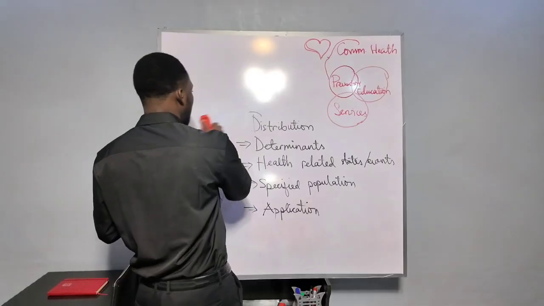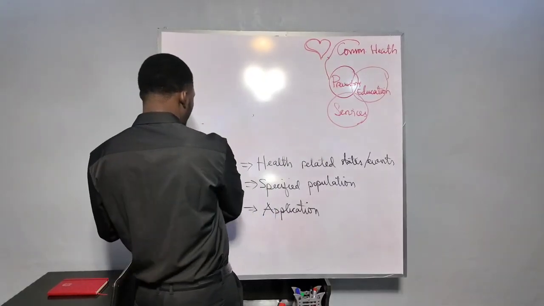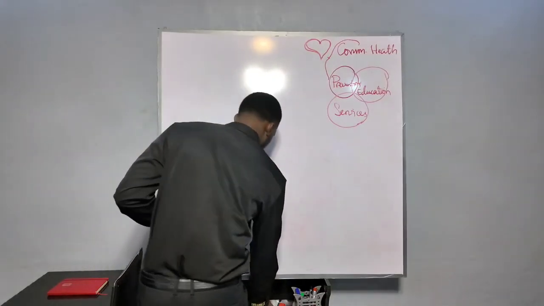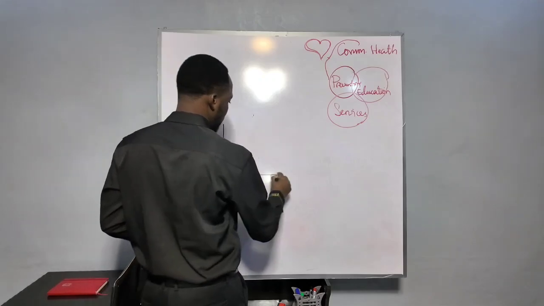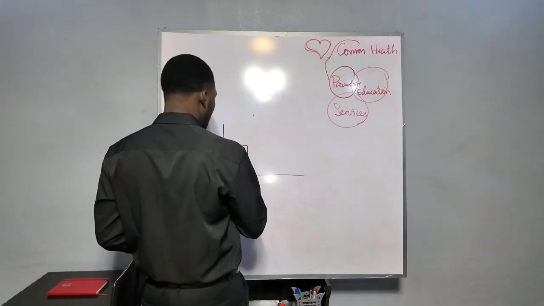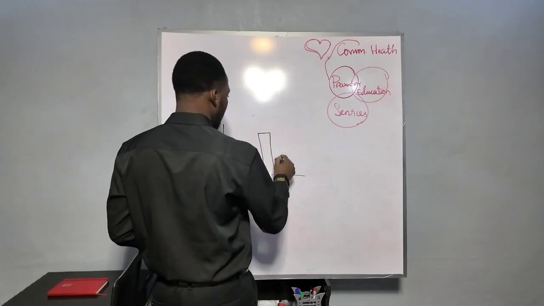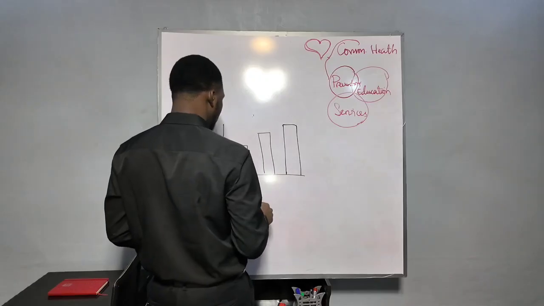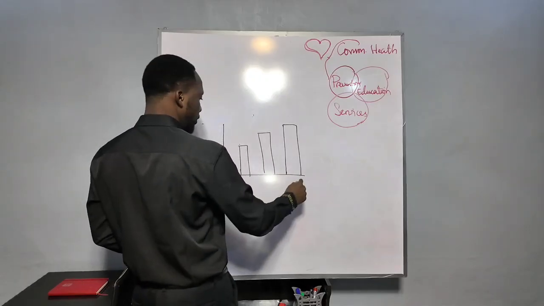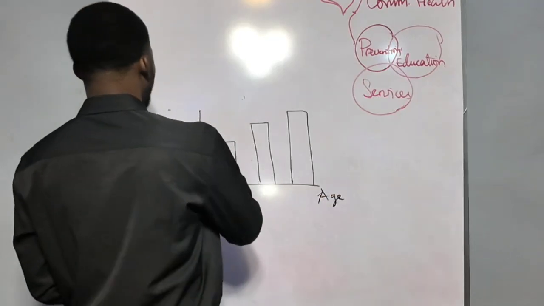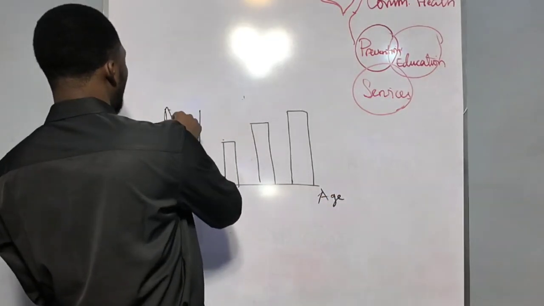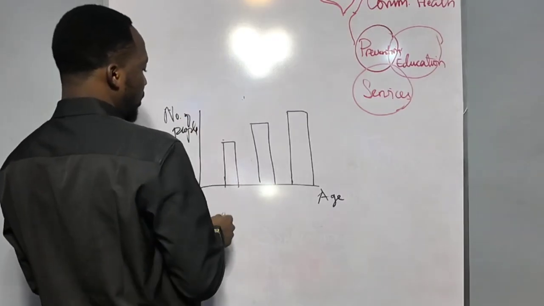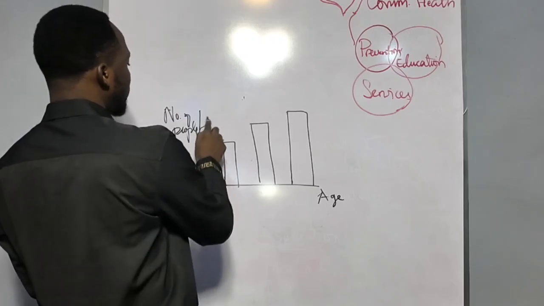When you see a bar chart, for instance, suppose you have a bar chart, and this bar chart relates maybe age group to number of people affected by a sickness.